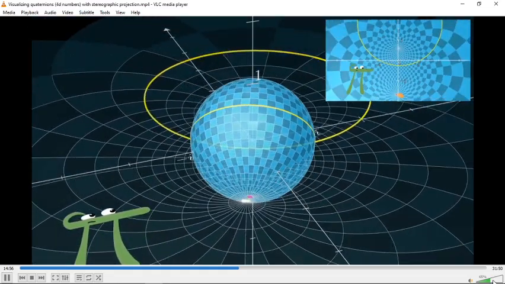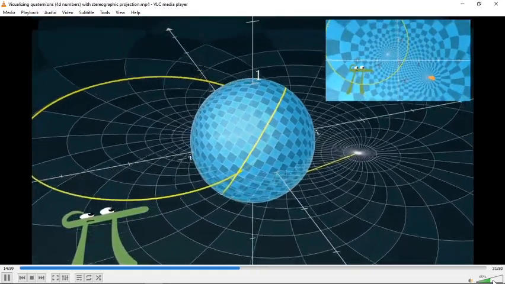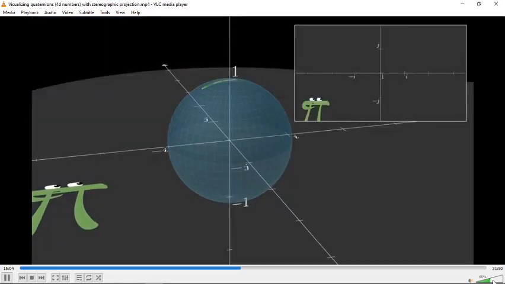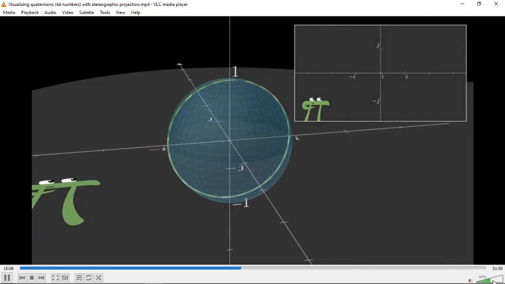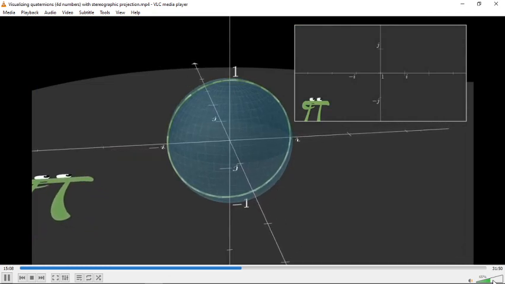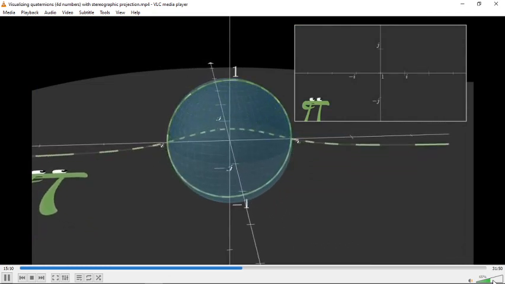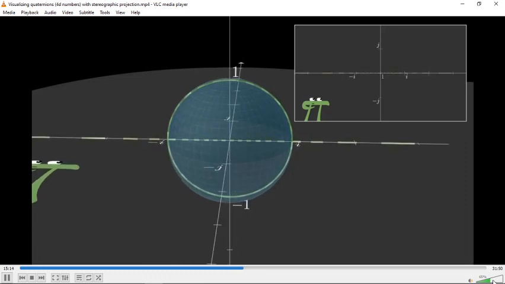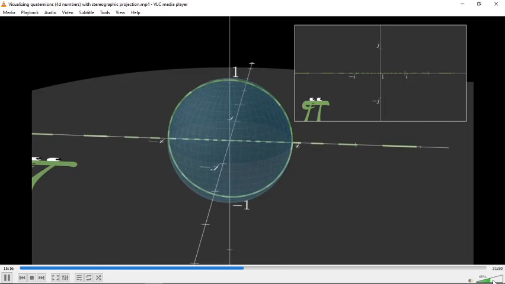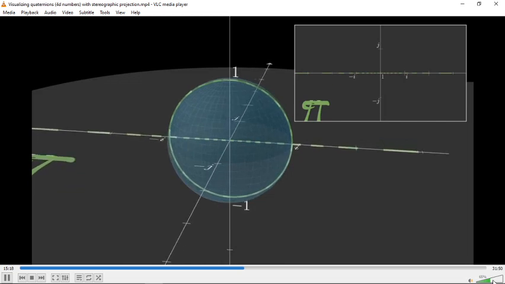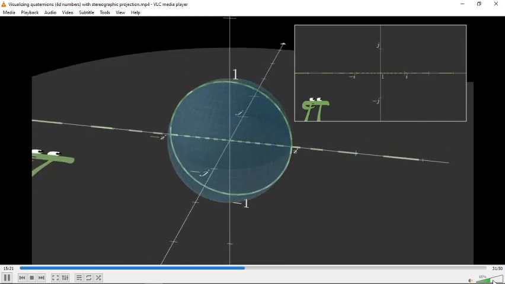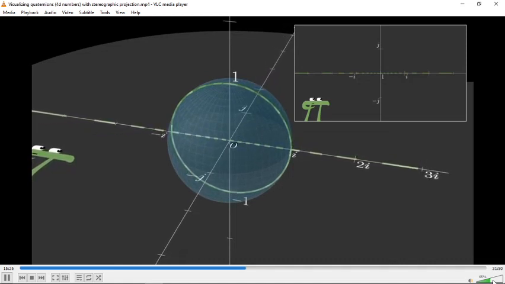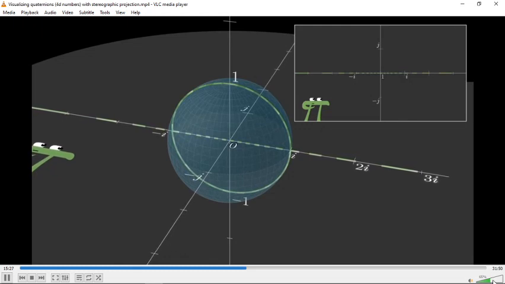And as before, it helps to focus on a few key reference objects rather than trying to see the whole sphere. This circle, passing through 1, i, -1, and -i, gets mapped onto a line which Felix sees as the horizontal axis. It's important to remind Felix that what he sees is not the same thing as the i-axis. Remember, we're only projecting the numbers that have a distance 1 from the origin, so most points on the actual i-axis, like 0 and 2i and 3i, etc., are completely invisible to Felix.